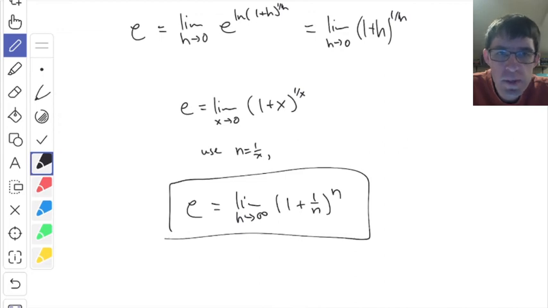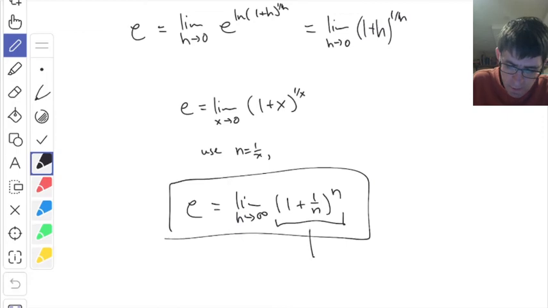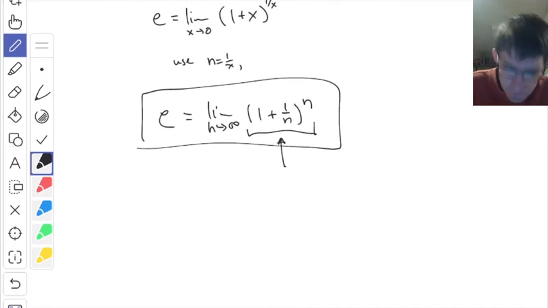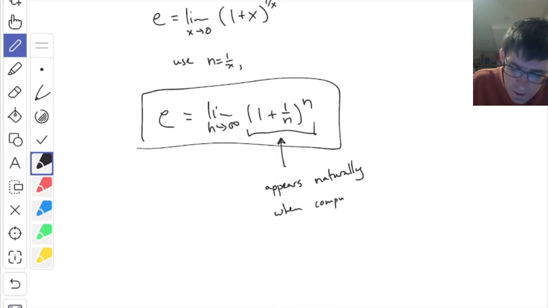And the reason this is important is because this formula, we're not going to get into the details of this really, but this formula appears naturally when computing compound interest.